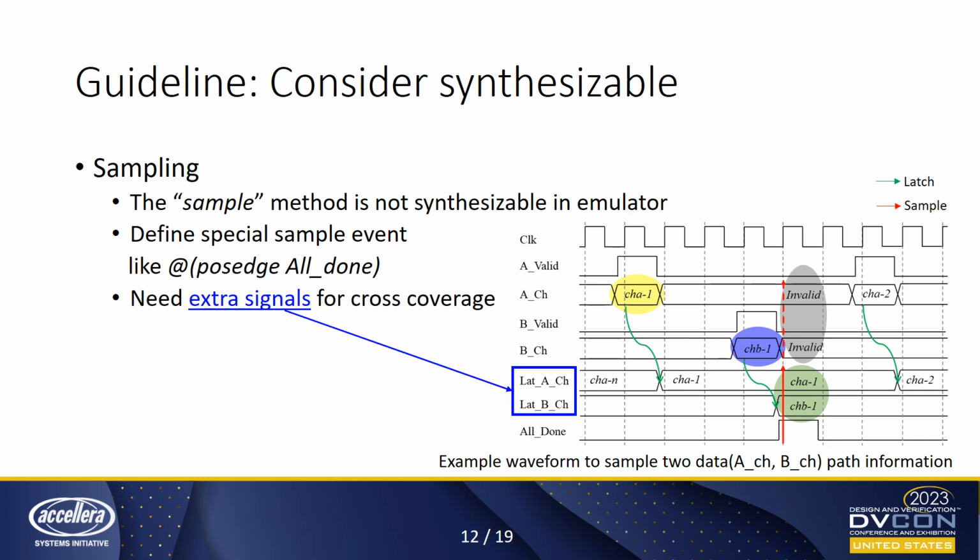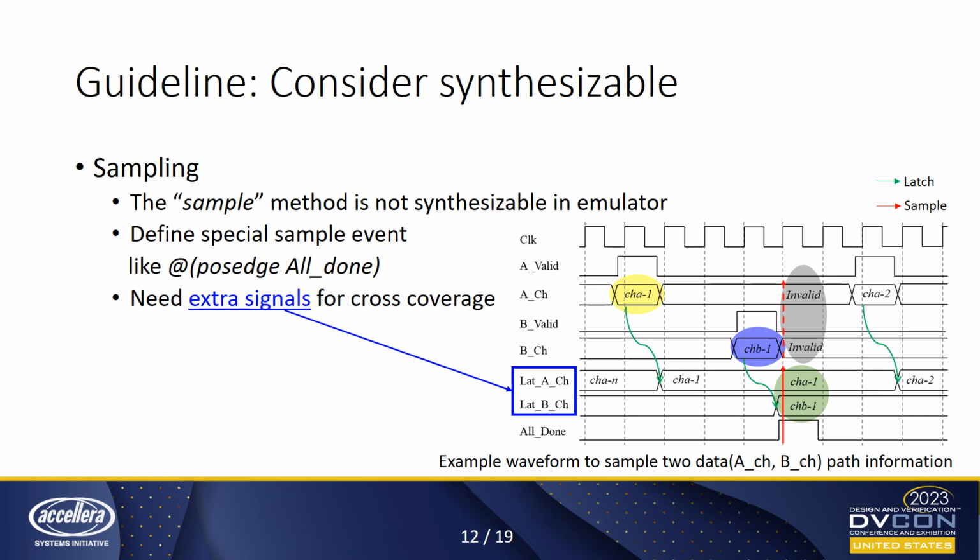So if a verification engineer is trying to make a cross coverage, including the data path information, the original signals should be saved until sampled in cross coverage. So the original signals should be latched to the external signals as long as the end of the test marked by the all done signal.